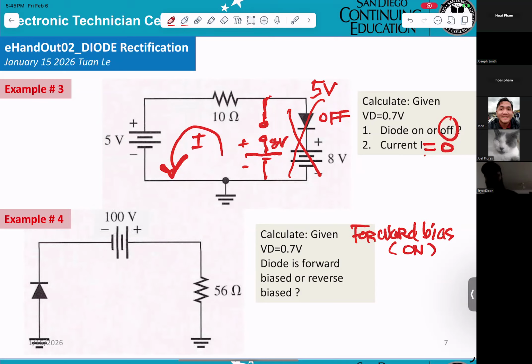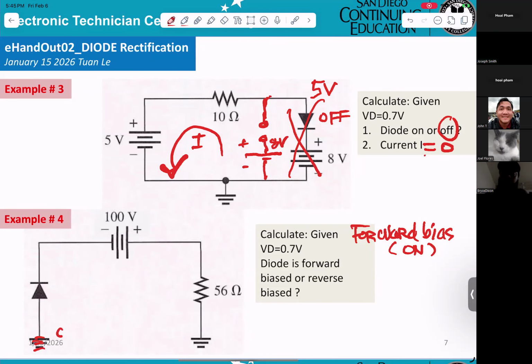Okay, forward bias means on, reverse bias means off. So, diode on or off? Can you say again, on or off? It is on. Perfect.